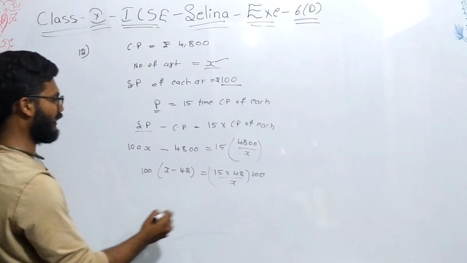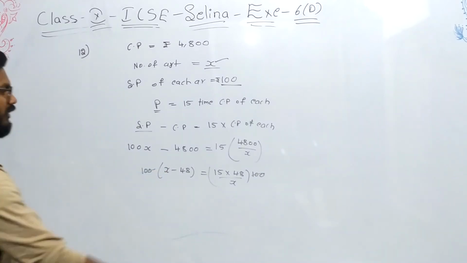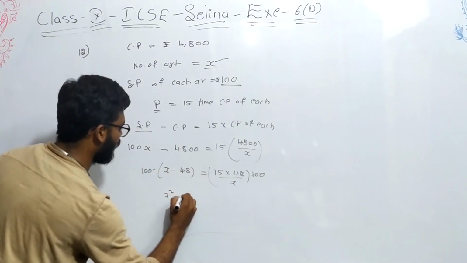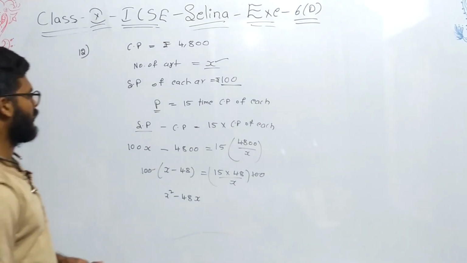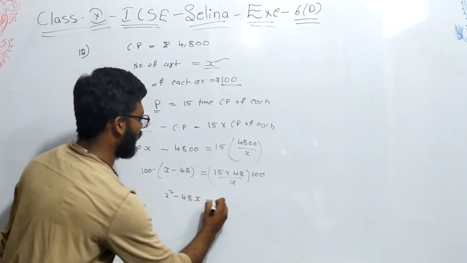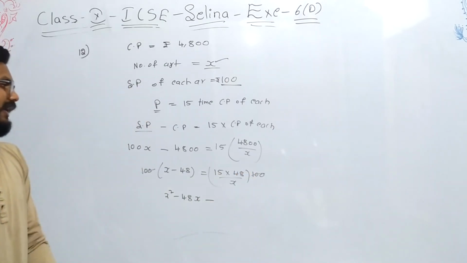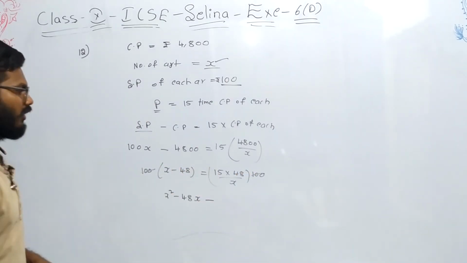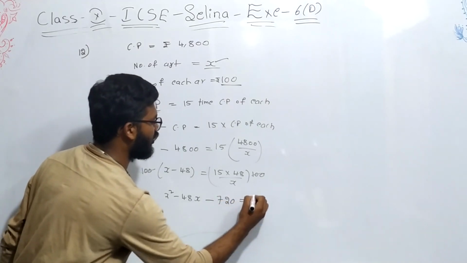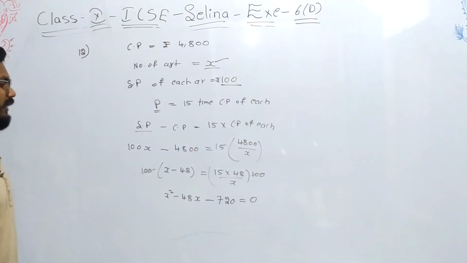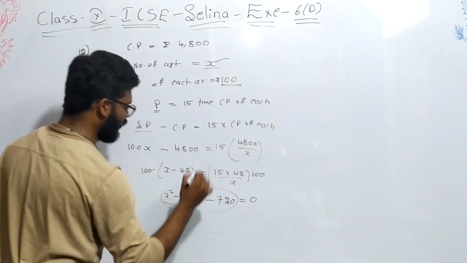You can write like this, right? So it cancels. So x square minus 48x minus 15 into 48. 15 8s are 120, 15 4s are 60. So it is 720 is equal to 0, right? So for this, I have to find the factors.